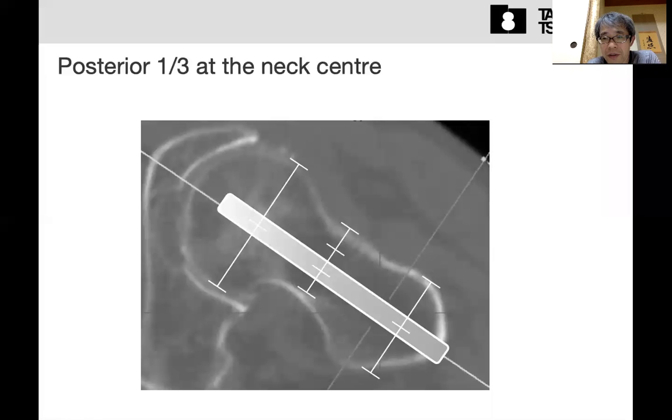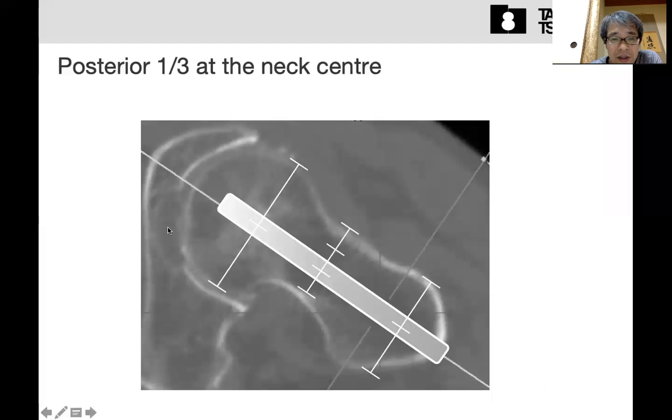posterior third, the bottom of the femoral neck. In other words, this is close to the calcar femorale. So never go to the center of the neck. Otherwise, the pin or screw may go anterior into the head.